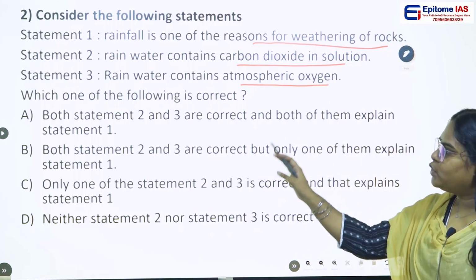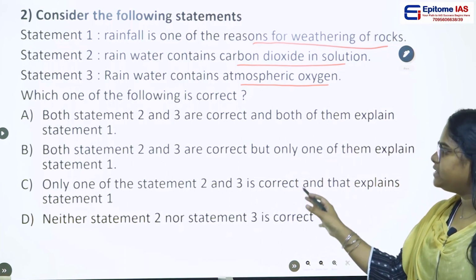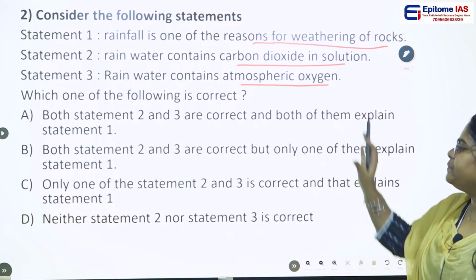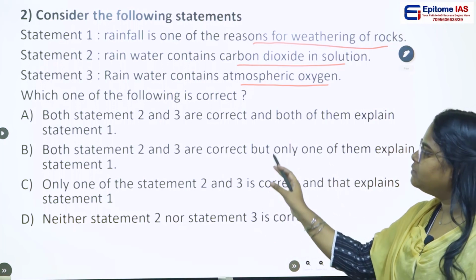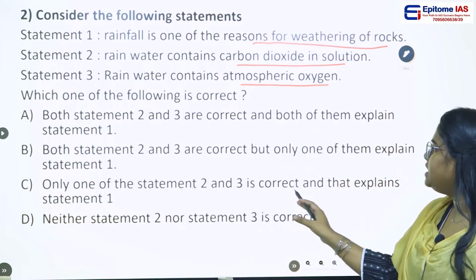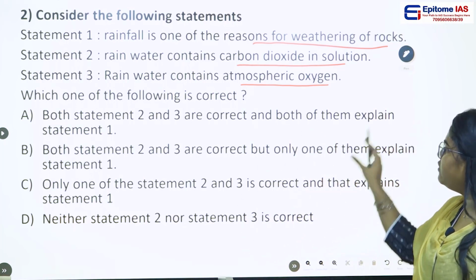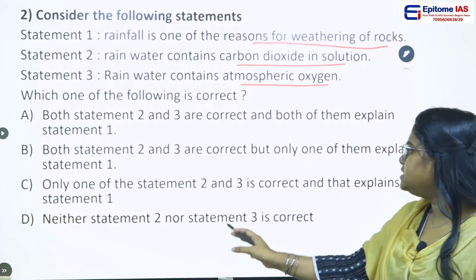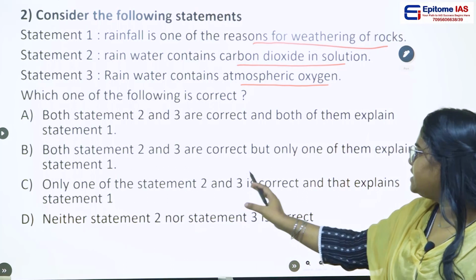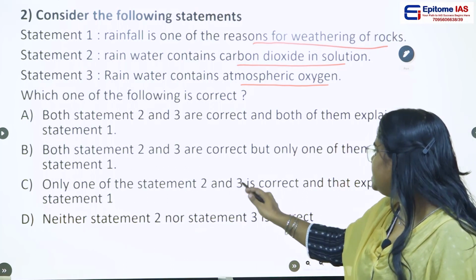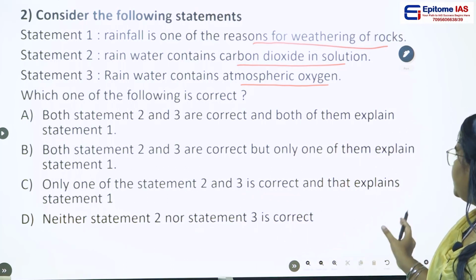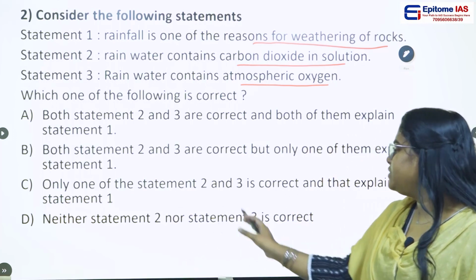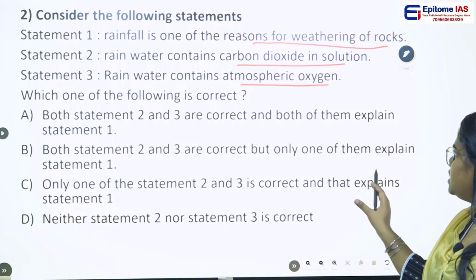Option A, both statement 2 and statement 3 are correct, and both of them explain statement 1. Option B, both statement 2 and statement 3 are correct, but only one of them explains statement 1. Option C, only one of the statements 2 or 3 is correct, and that explains statement 1. Option D, neither statement 2 nor statement 3 is correct.